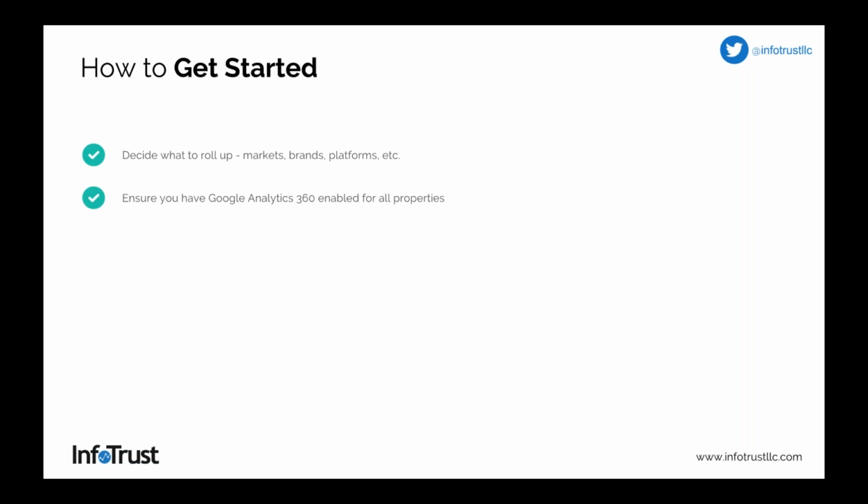The next would be ensuring that you have all of your Google Analytics 360 properties enabled. So again, this is a 360 only feature, and so to do a roll-up property, you need to have all those properties already on Google Analytics 360. Ensure all your properties are in the same Google Analytics account that you want to create the roll-up.